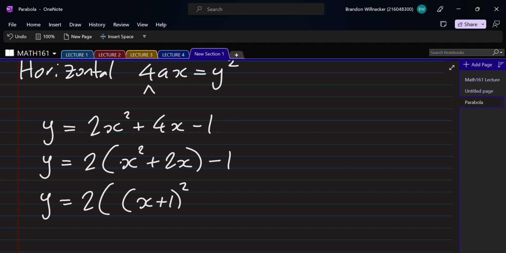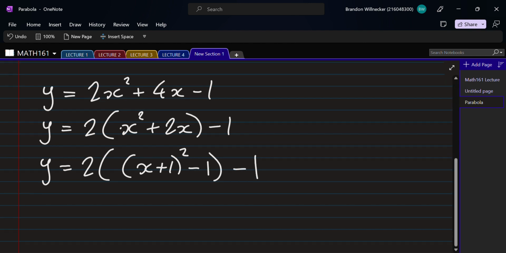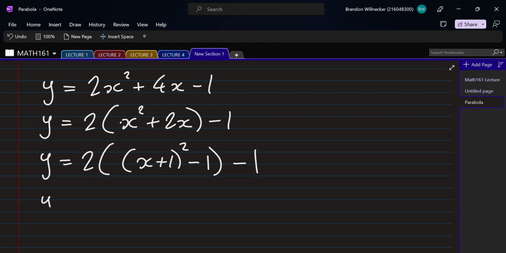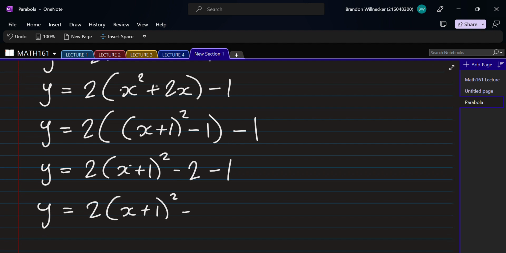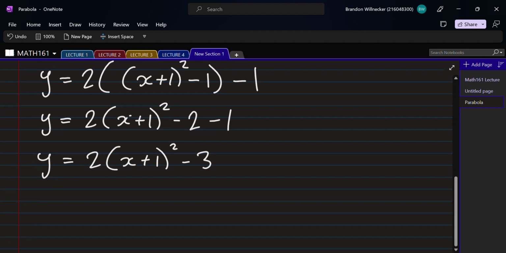We don't want that extra 1, so let's subtract it, and then the minus 1 from outside. So here we get y is equal to 2 times x plus 1 squared minus 2 minus 1. That will make a minus 3. So y is equal to 2 times x plus 1 squared minus 3.